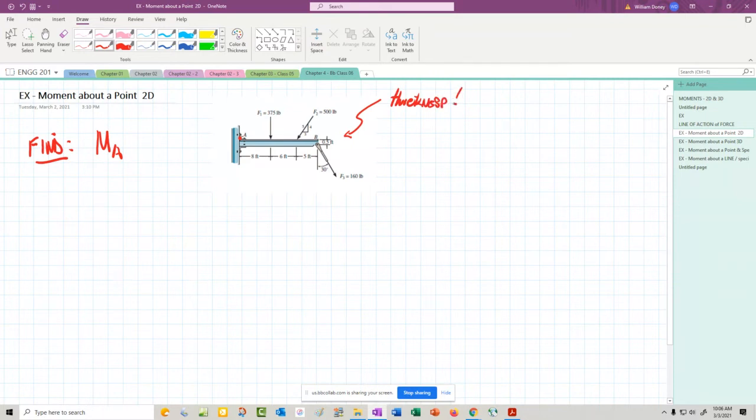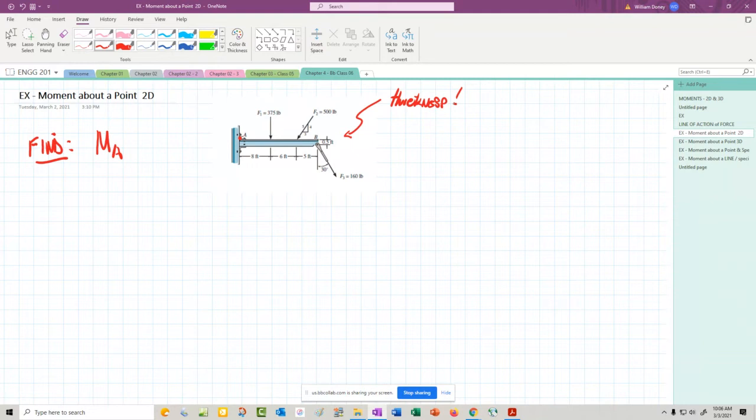Here they're giving us the thickness or the offset of that force from the top of the beam. That tells me I have to include that small distance when I'm finding the moments about A. All right, I have to be aware of that.